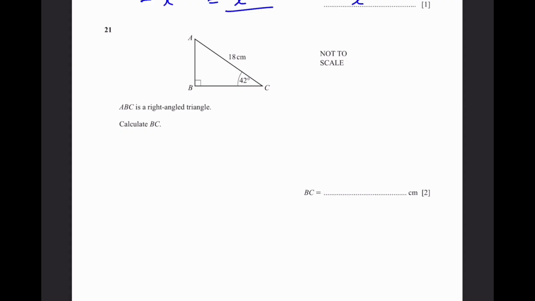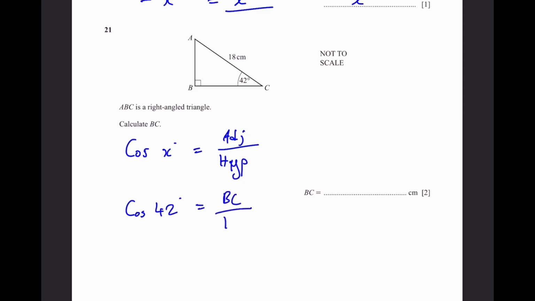Question 21. ABC is a right angle triangle as given here. Calculate BC. We need to use trigonometry for this. Which trigonometric formula involves the adjacent, because BC is an adjacent right next to 42 degrees, and the hypotenuse? The trigonometric formula of cos does. So cos x degrees is equal to adjacent by hypotenuse. That means cos 42 is equal to the side BC, which we don't know, by 18.